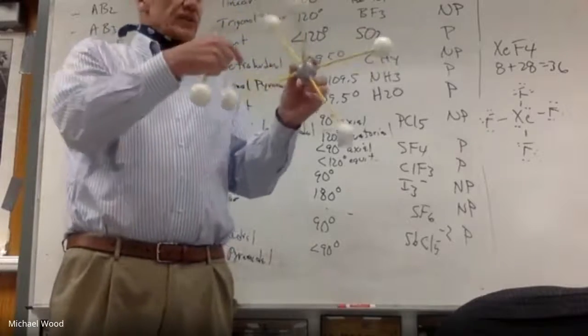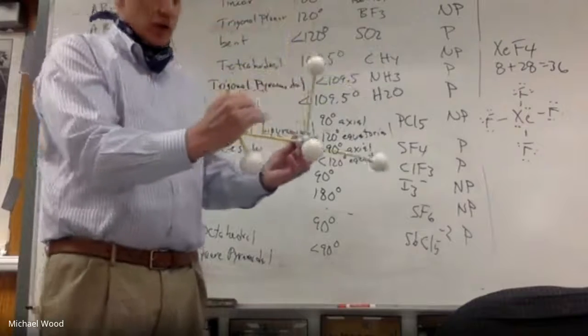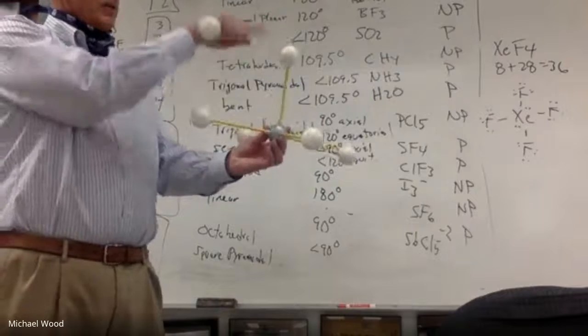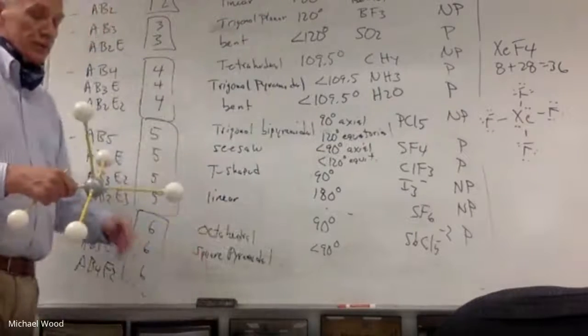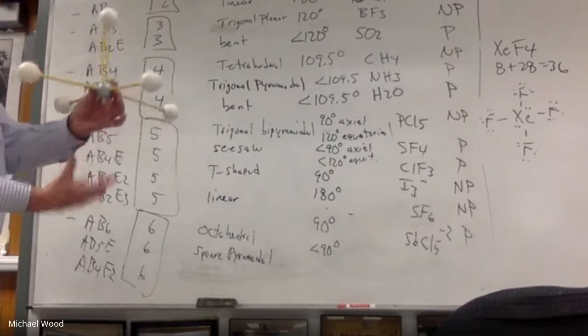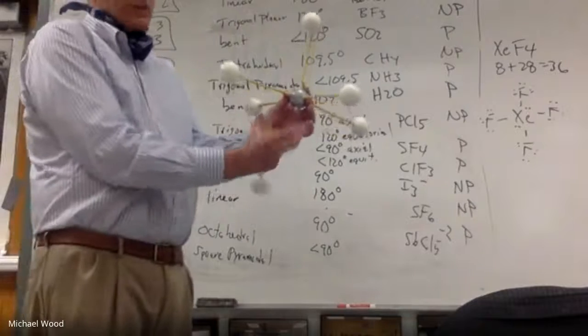And so what we have in the horizontal, in the equatorial, is a square, but then it looks like a pyramid. So that was square pyramidal. Well, here on this one, because of the non-bonded pair, remember a non-bonded pair takes up a little bit more space.